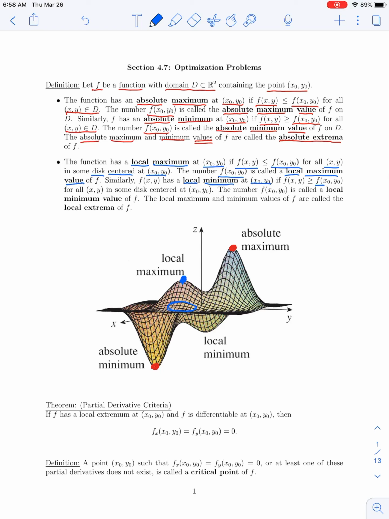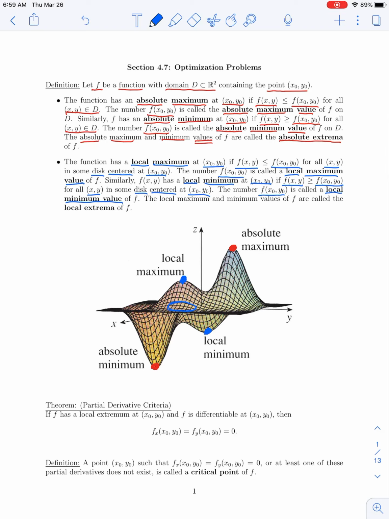Now, in a similar way, we could say that our function has a local minimum at a point (x0, y0) if the value of our function at that point is less than or equal to the value of the function at points (x, y) in some disk centered about (x0, y0). And the value of our function f at that point is called a local minimum value of our function.